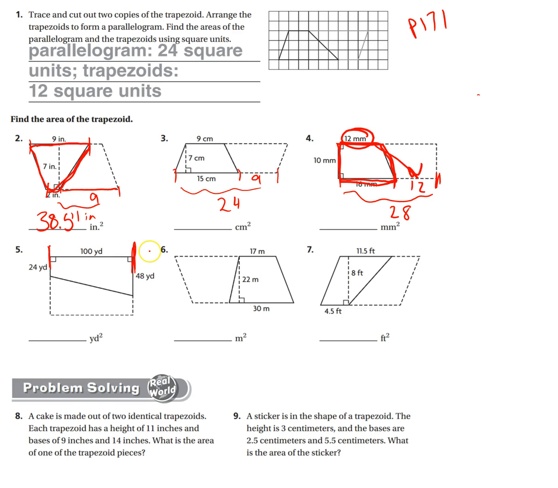So we need to go for this rectangle. To find the area of this rectangle, it's got to be 100 times, and then from here to here is 48, and from here to here is this length here, 24. So we're going to take 48 plus 24.